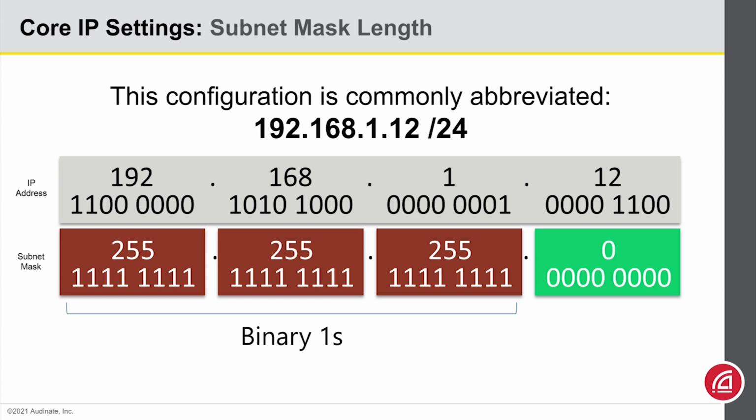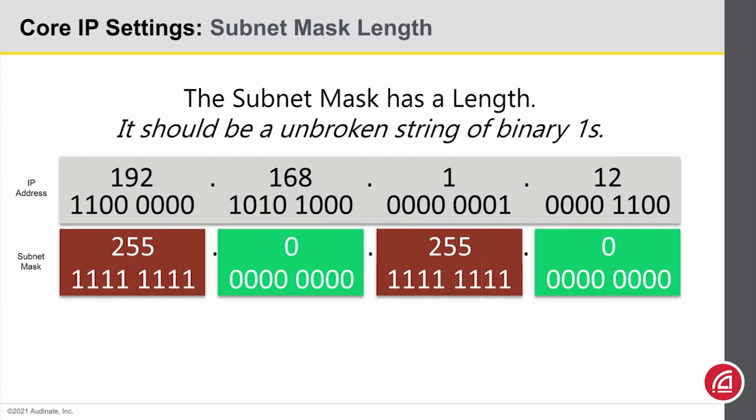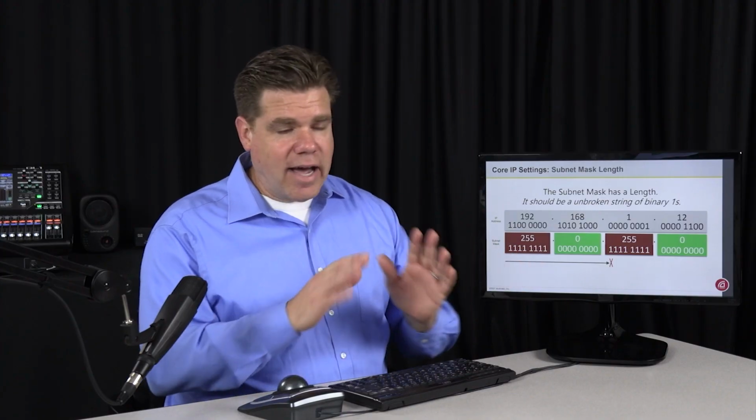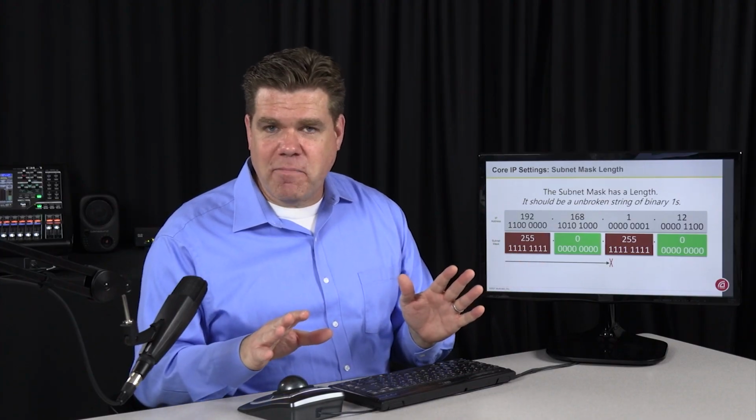Now, the best practice is that the subnet mask should always be given as an unbroken string of binary 1s, followed by an unbroken string of binary 0s. So this subnet mask is bad. As we go across, we have binary 1s, then we start to have binary 0s, then we go back to binary 1s. Now this is a party foul right here. IT will make you do the walk of shame. Okay?